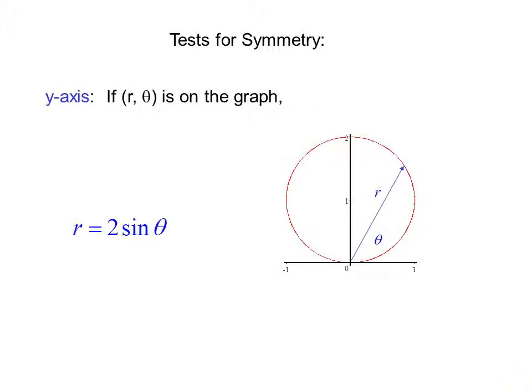Y-axis symmetry occurs when, if (r, theta) is on the graph, so is (r, pi minus theta), as in this graph of r equals 2 sine theta. Or (-r, negative theta).